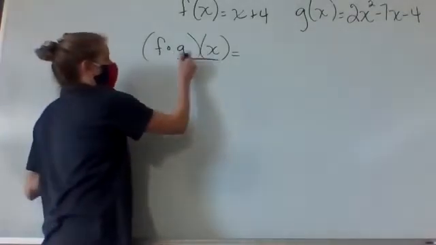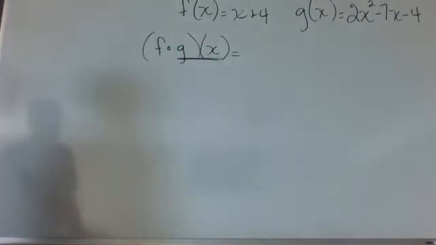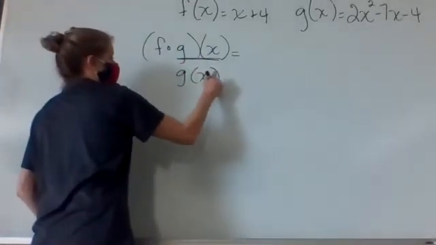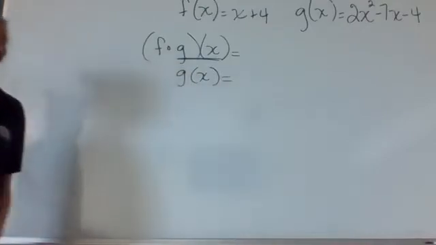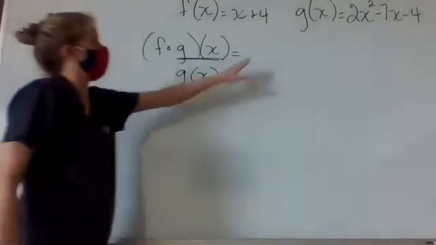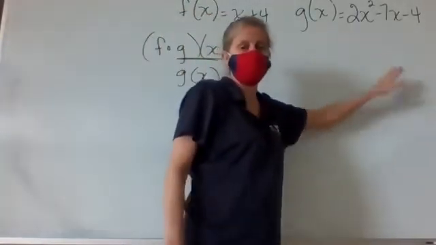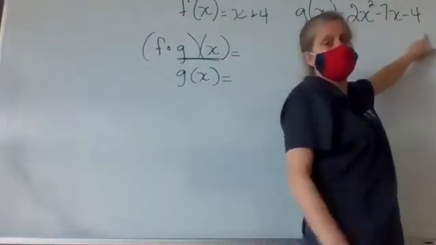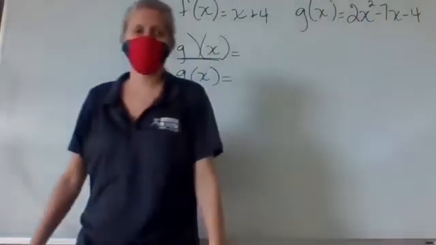So my inside is g of x. So that's what I'll do first. Well, the problem was kind enough to tell me exactly what g of x is, right? G of x is 2x squared minus 7x minus 4.